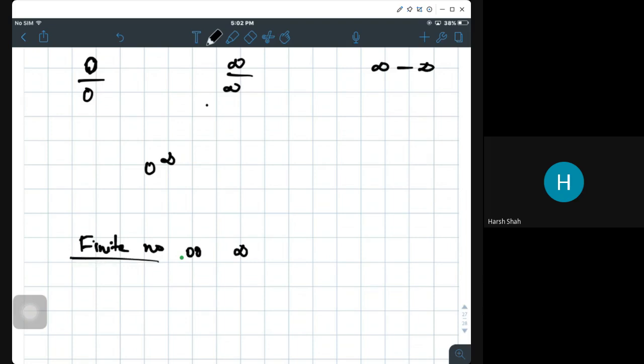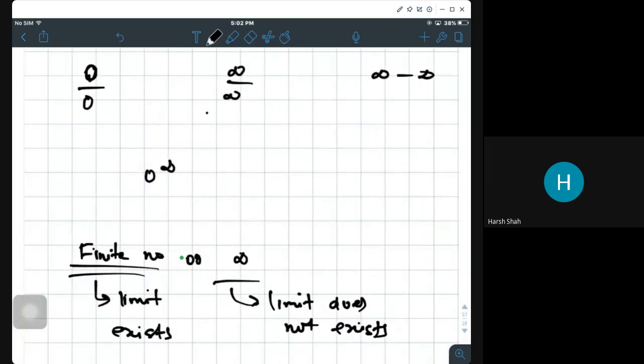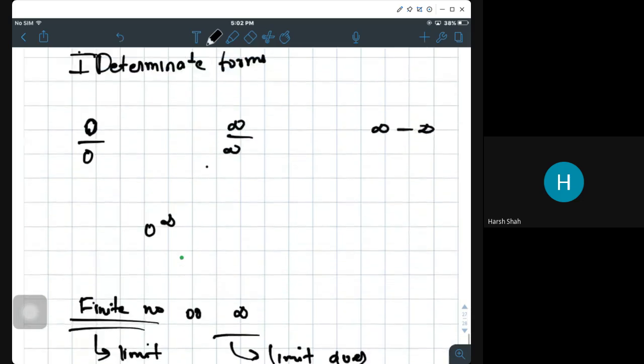If you have a finite number, the limit exists. If you have infinity, the limit does not exist. But these four forms do not give you anything.